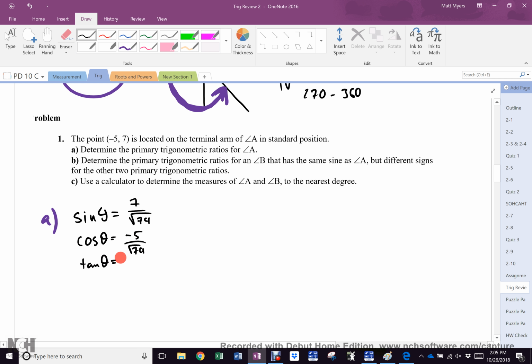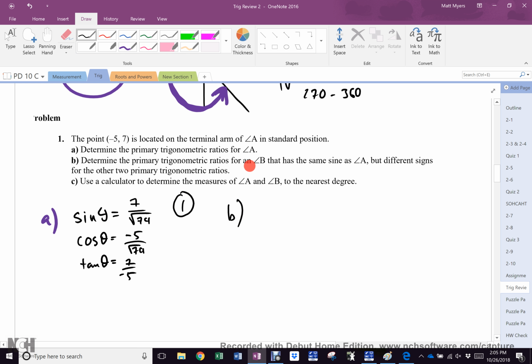Tan theta is 7 over negative 5. As I have said numerous times, I do not want decimals here. I want exact answers. It's an assignment. You can give yourself full marks for the decimals. Don't do it on the test. So that is worth 1 because you've already done that in this particular assignment.